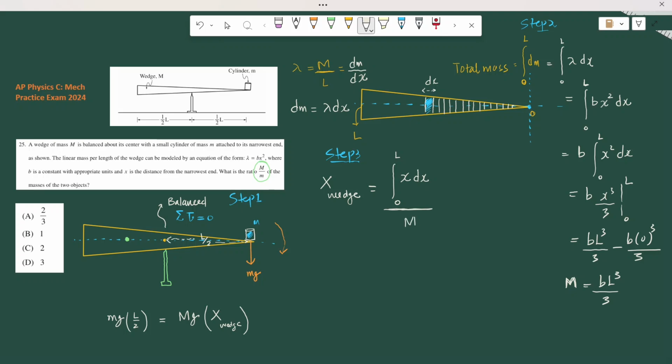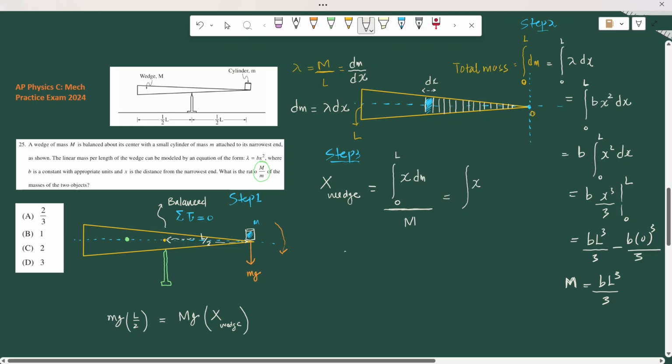So if we solve it further, remember that here we have dm, so we can place here lambda times dx, divided by the total mass. Basically, here we have the integral of the differential of mass from 0 to L, which you already know will be the total mass of the wedge. That's why I'm writing it like this.